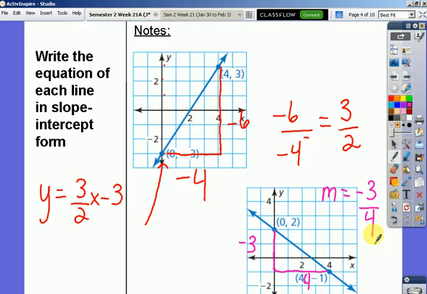Right. So what's my equation? Y equals negative 3 over 4 x plus 2, right, because it crosses the y-axis at the point 0, 2. Right. Do you have any questions about that? No?